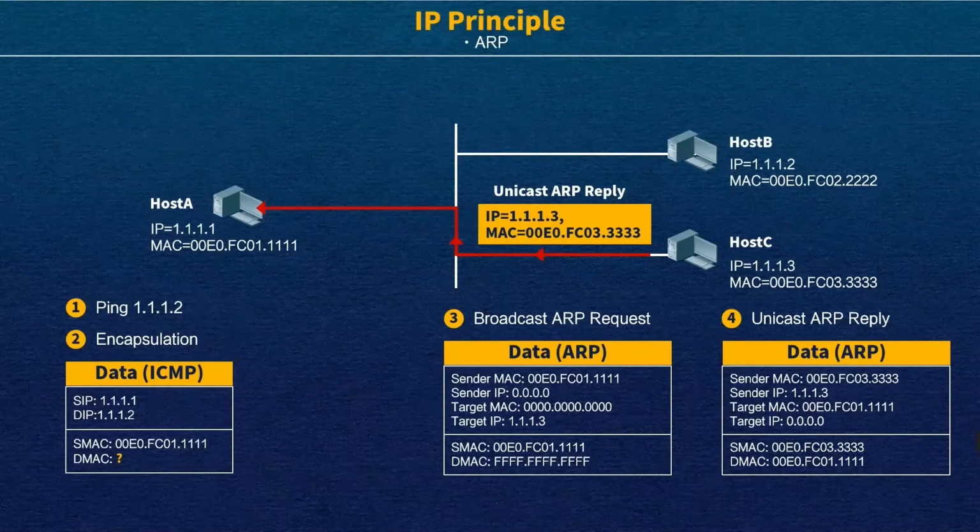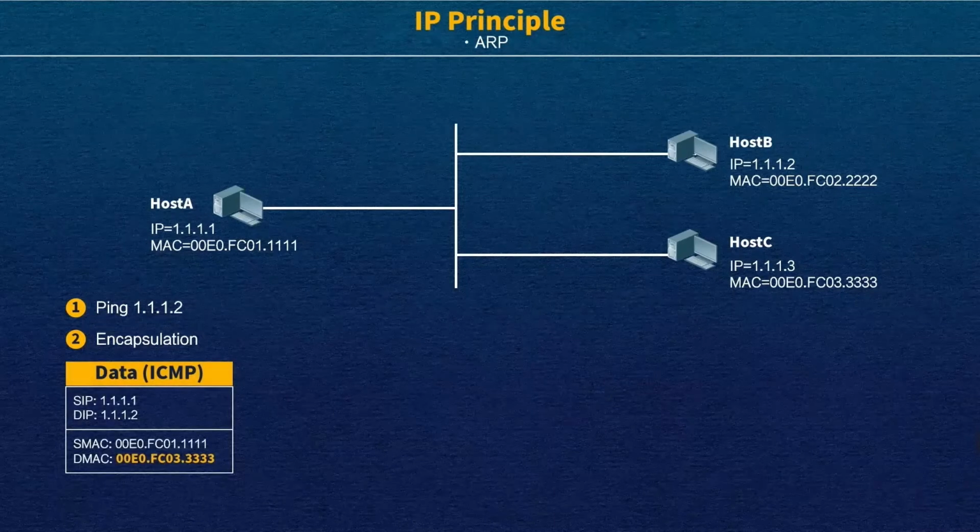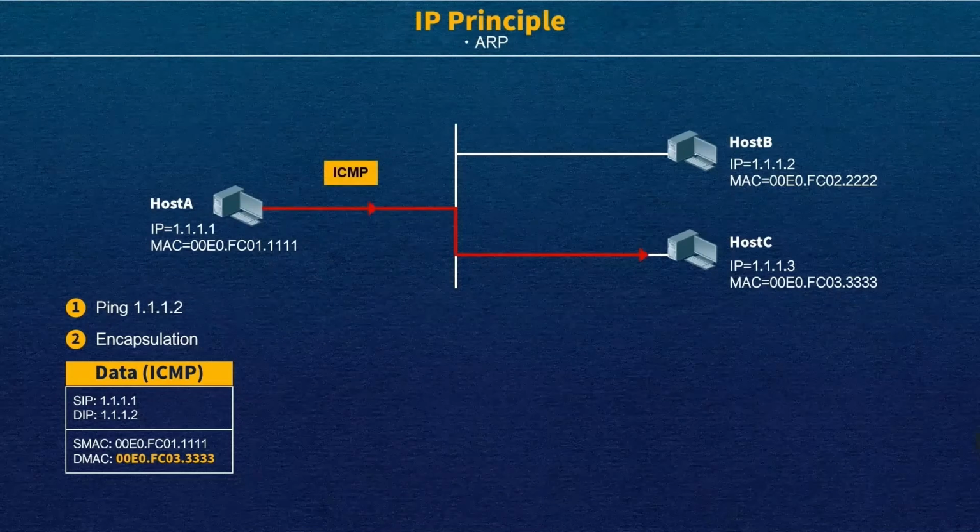And the next step is, because host A already gets the information from ARP, I can encapsulate the ICMP packets successfully. Then I can directly send out the ICMP packets to test the connection. So this is the whole process of ARP, and its function.